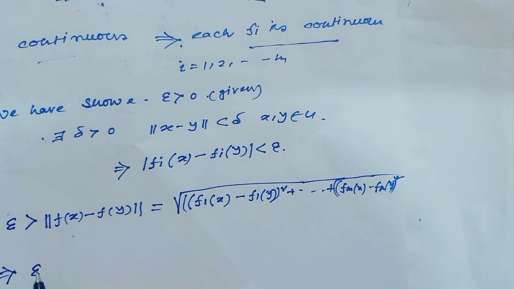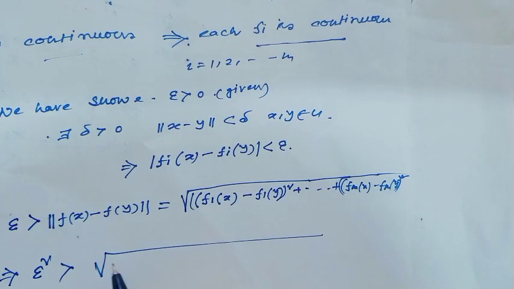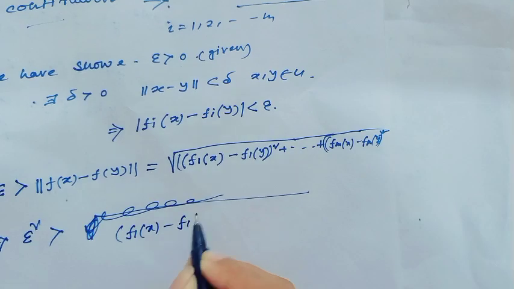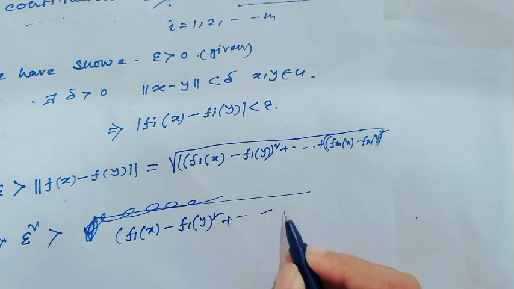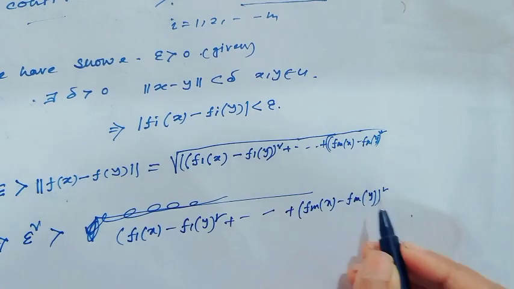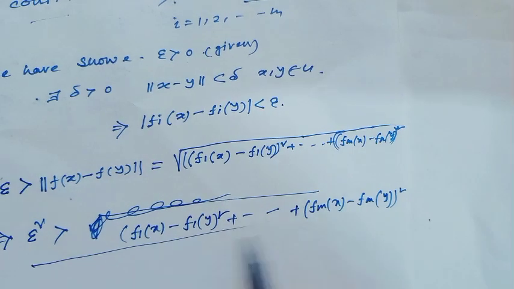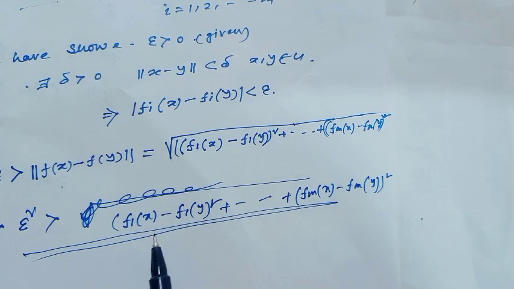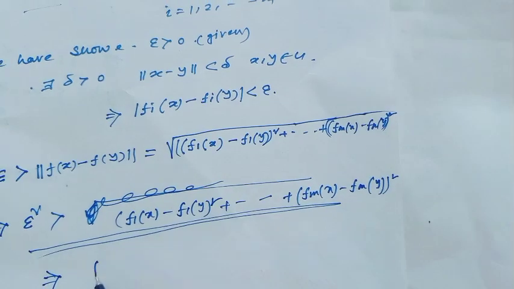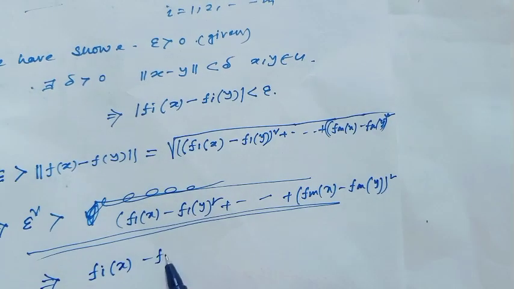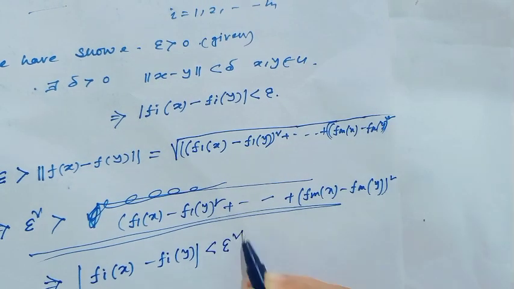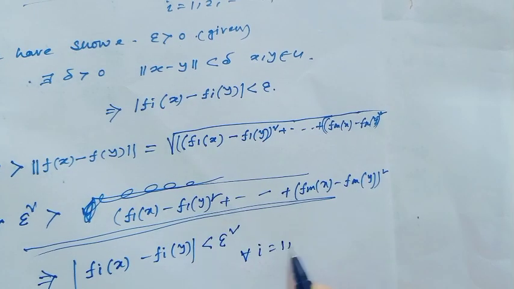Therefore epsilon square is greater than (f1(x) minus f1(y)) whole square up to (fm(x) minus fm(y)) whole square. Okay? And from this relation, since the sum of the squares is less than epsilon square, each |fi(x) minus fi(y)| is less than epsilon, for all i equals 1, 2, up to m.